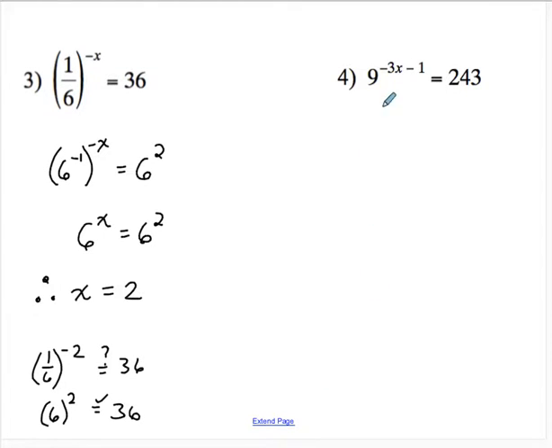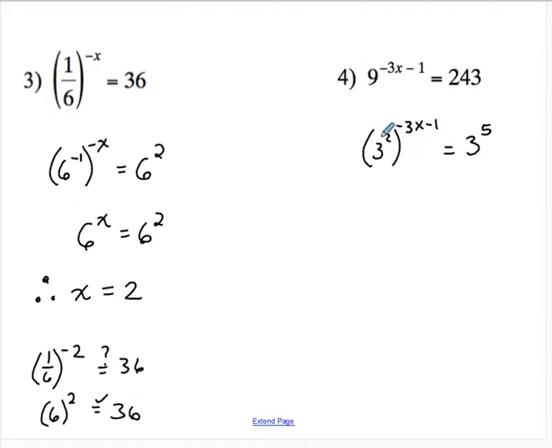So I'm going to rewrite this 9 as 3 squared. And then it's 3 squared raised to the negative 3x minus 1. That's equal to 243, which is the same as 3 to the 5th power.